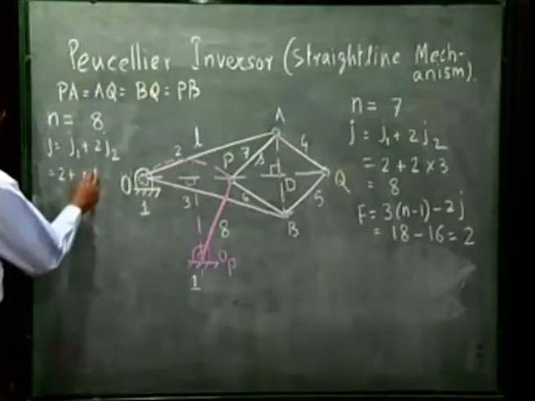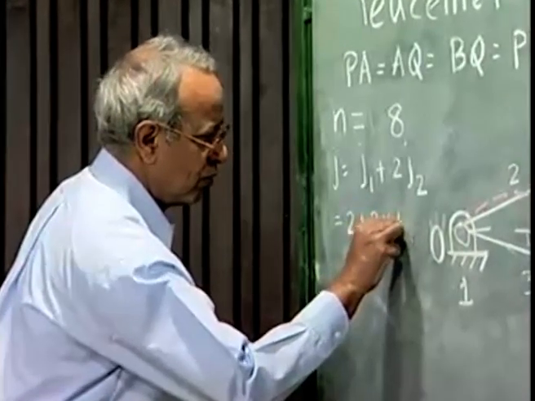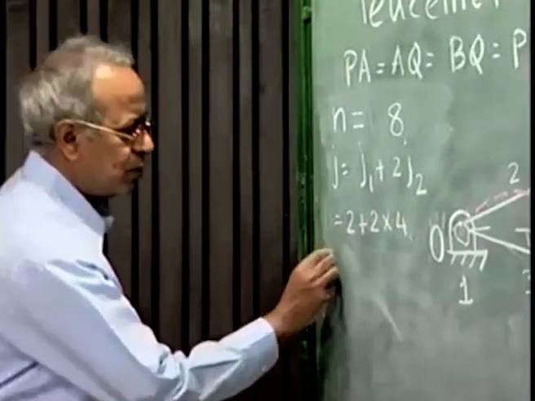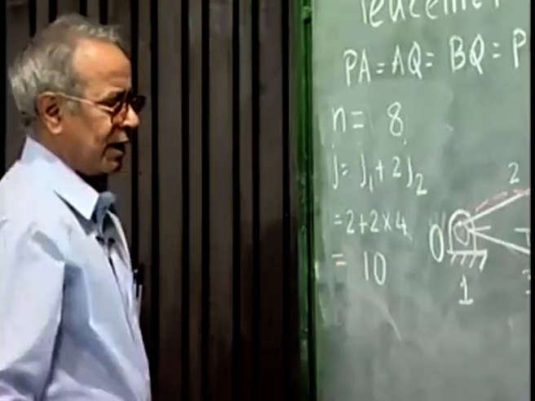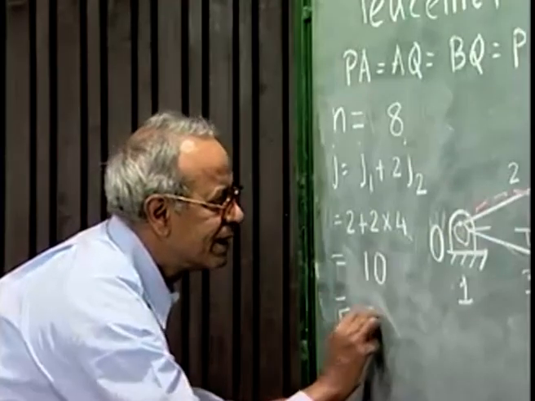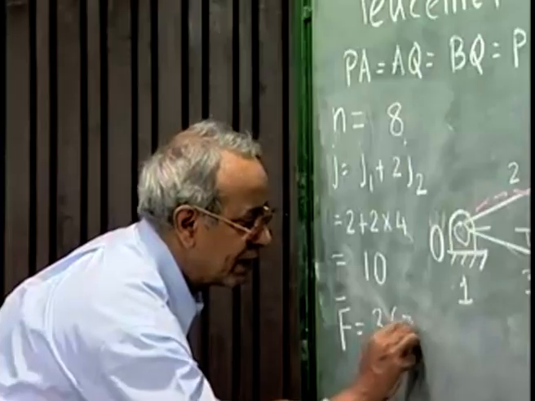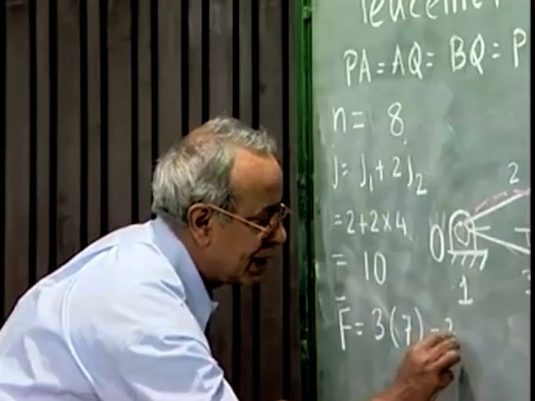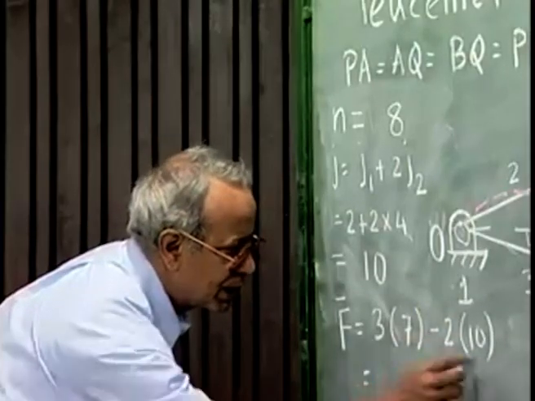So, J2 is 4. So, 2 into 4. So, J becomes 10, and degree of freedom of the entire assembly F is 3 times n minus 1, that is 7, minus 2 into J, that is 10, which is 21 minus 20 is 1.